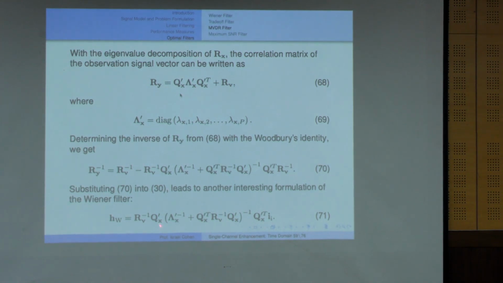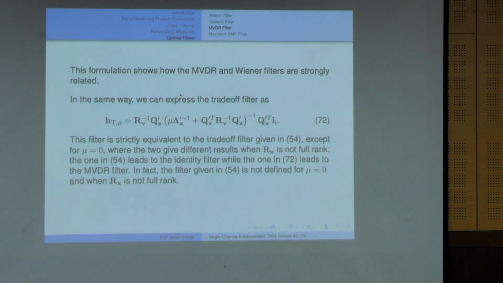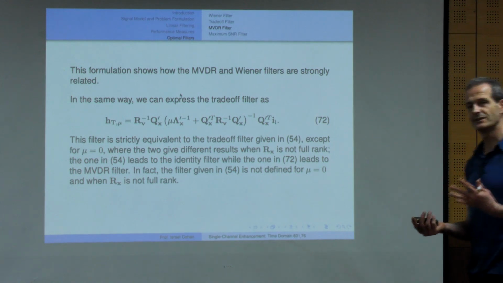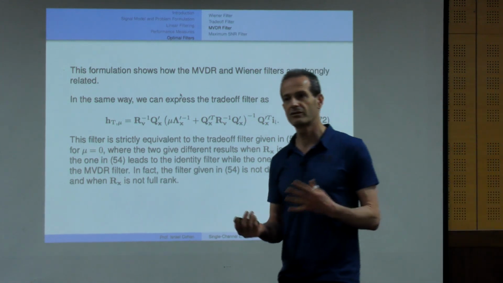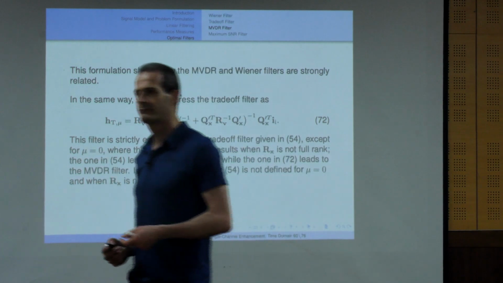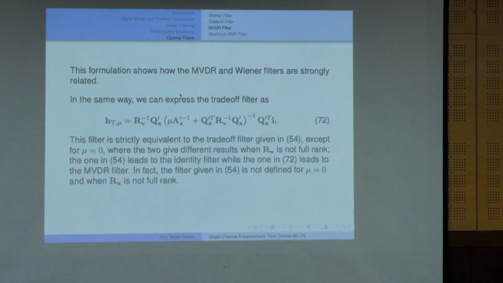If you add mu here, like here, you get the trade-off filter. So we see the relations between different methods, different filters. We can represent them using different eigenvectors.